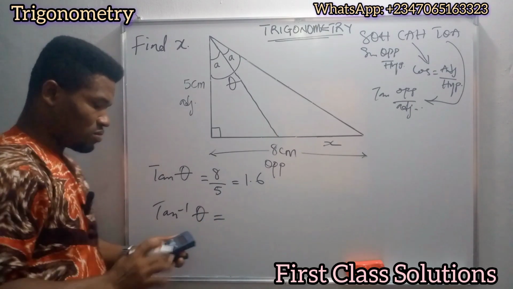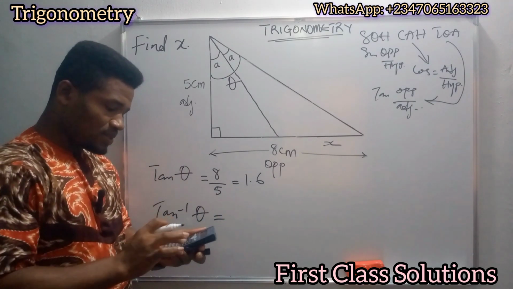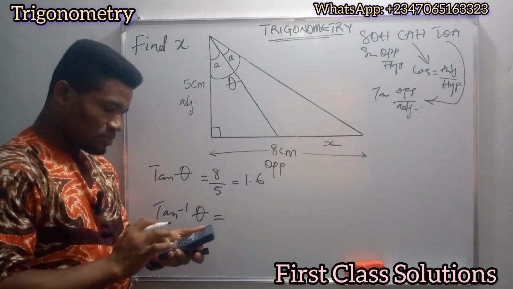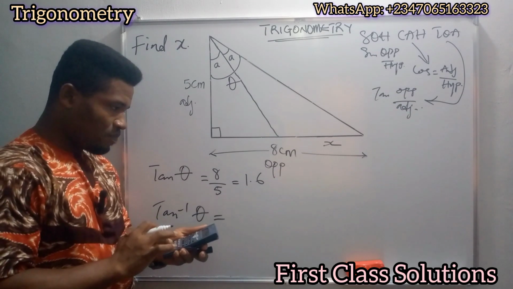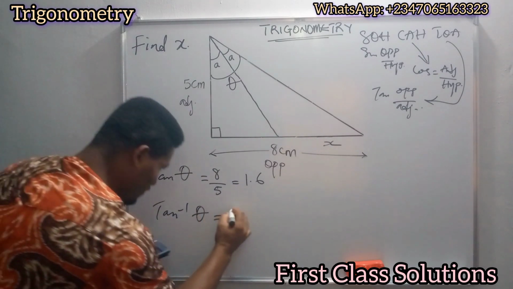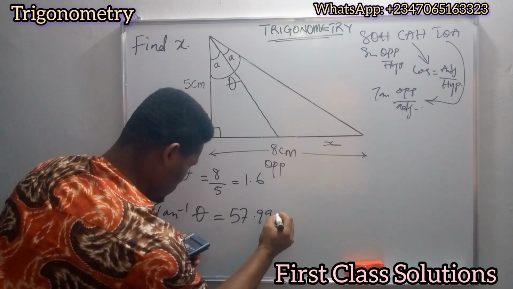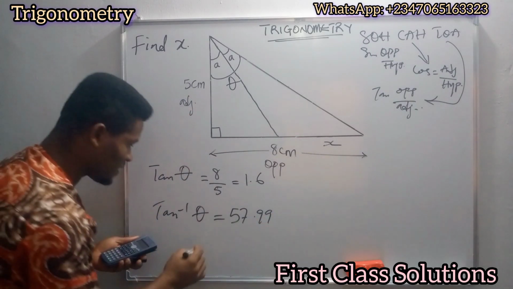Punch your calculator, we have tan inverse of 1.6 will give us 57.99.